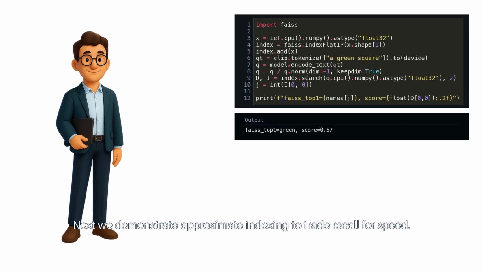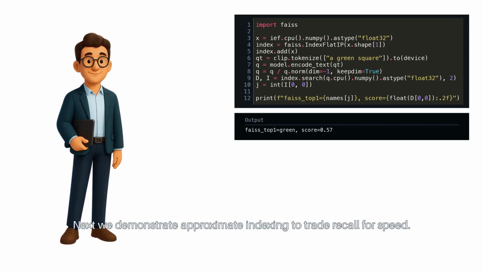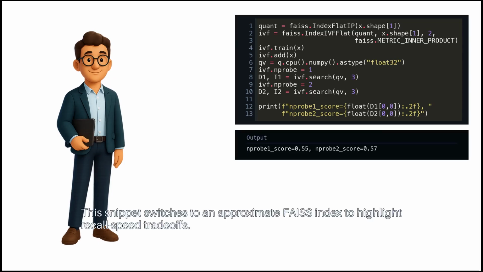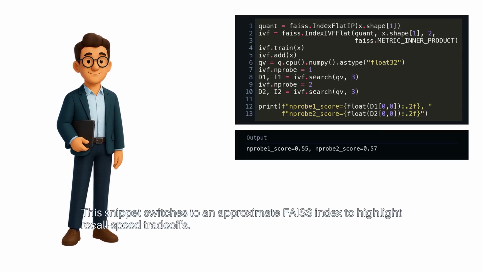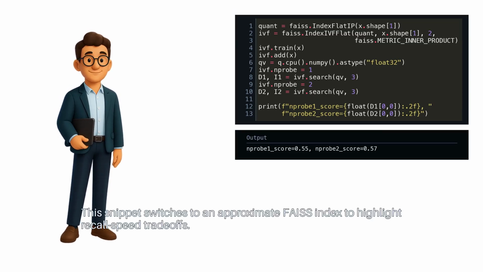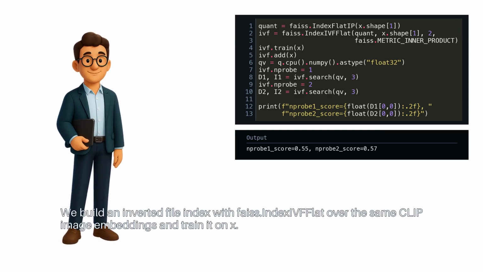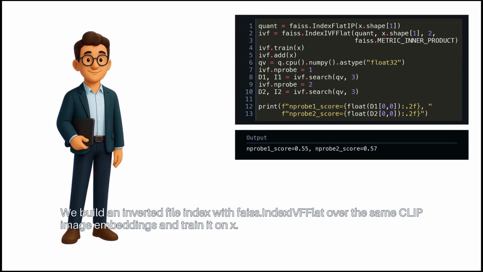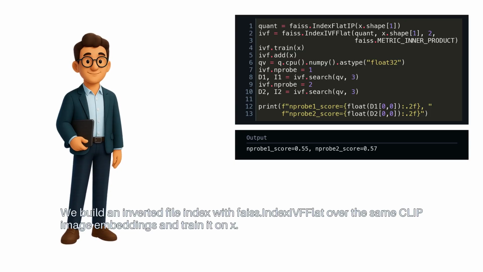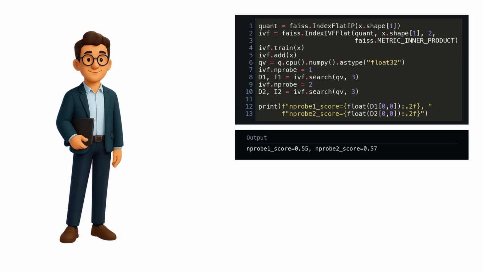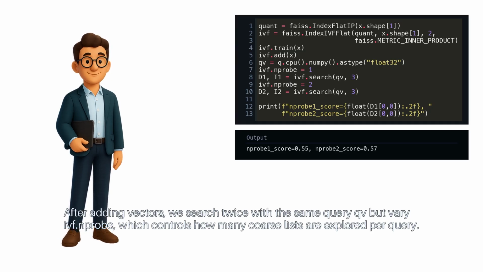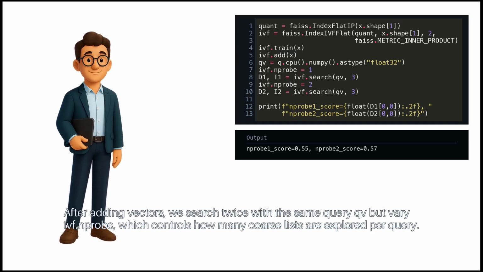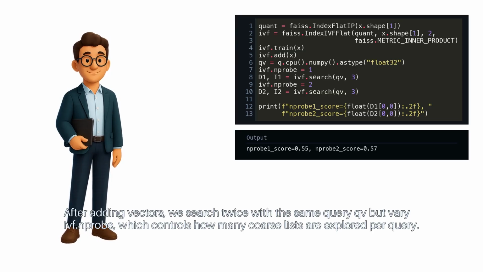Next, we demonstrate approximate indexing to trade recall for speed. This snippet switches to an approximate FAISS index to highlight recall speed trade-offs. We build an inverted file index with faiss.IndexIVFFlat over the same CLIP image embeddings and train it on X. After adding vectors, we search twice with the same query QV, but vary ivf.nprobe, which controls how many coarse lists are explored per query.